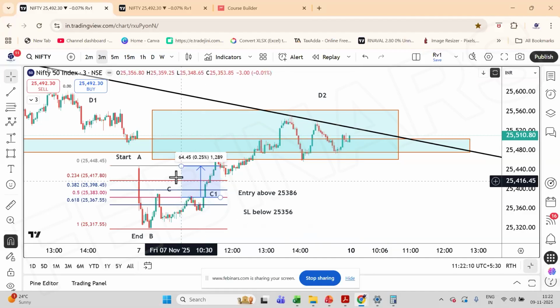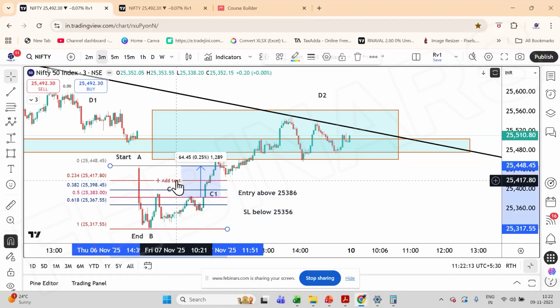Now we are going to see the extension of targets, how the targets can be extended.